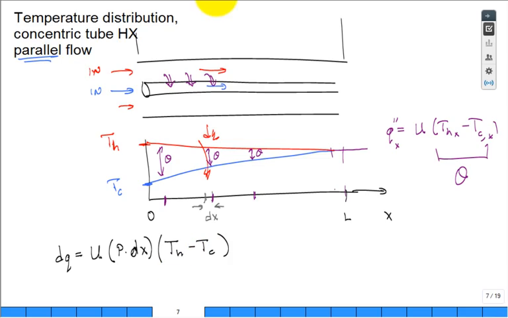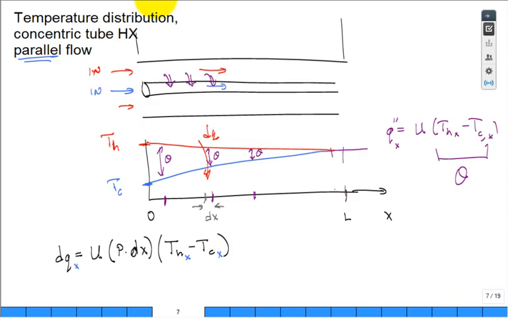Again, I could emphasize that this is the mean hot fluid temperature at that location, and this is the cold mean temperature at that location, and this is the little amount of heat transfer that's coming over that small area at that location. But the book gets tired of all these subscripts, so it drops the lowercase x subscript.